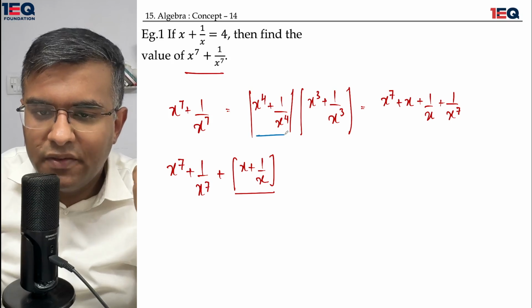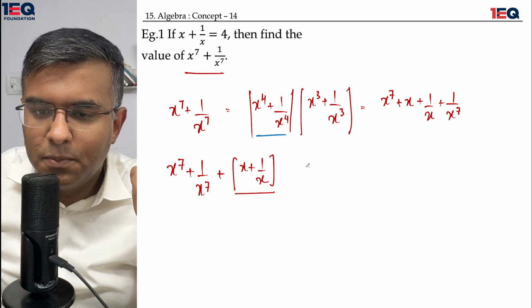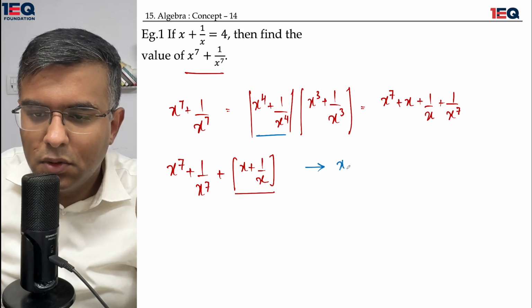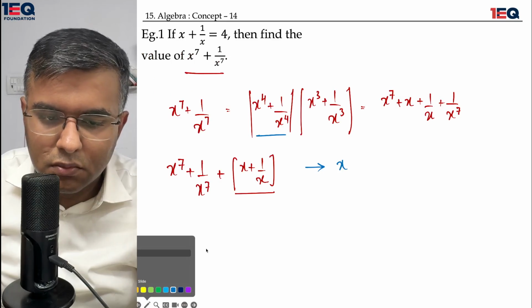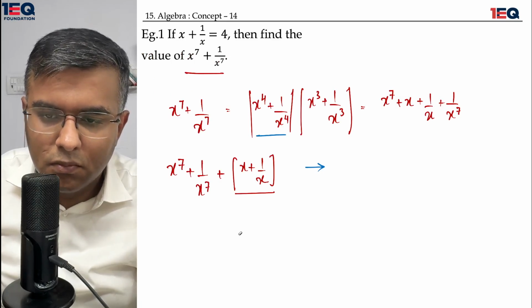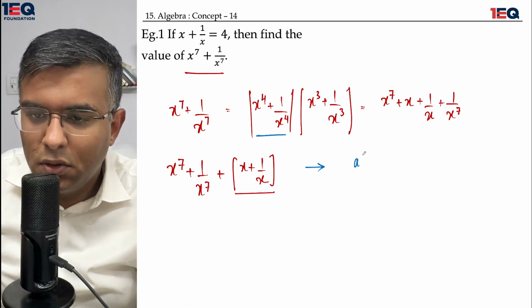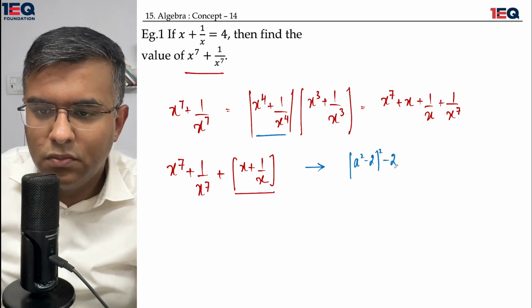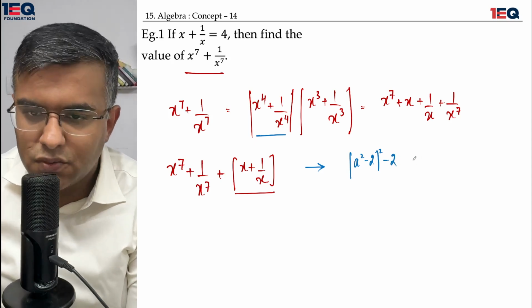When I use the formula of x4 plus 1 upon x4, the equation comes out to be a square minus 2 whole square minus 2.